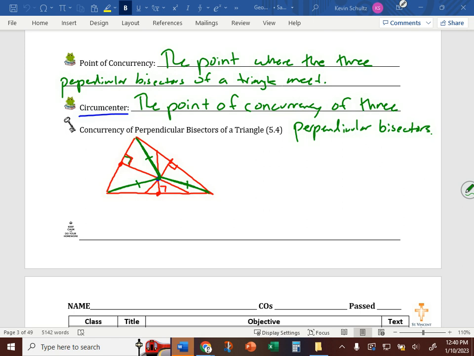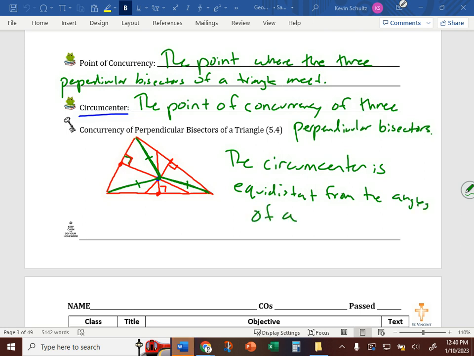The circumcenter is defined as the point of concurrency of three perpendicular bisectors. Rowan, turn around, please. The point of concurrency of three perpendicular bisectors, and why we care about this is the circumcenter is equidistant from the angles of a triangle.